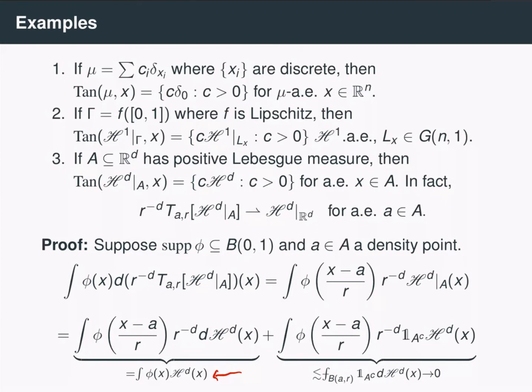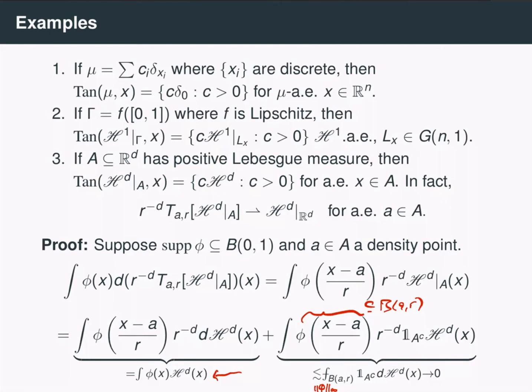And then over here, notice that because phi is supported inside the unit ball, this function will be supported inside the ball centered at a of radius r. So this is going to be at most, really I should have the L infinity norm of phi here, times the characteristic function of B(a,r) times the characteristic function of A complement times r^(-d). But r^(-d) is comparable to the Lebesgue measure of the ball B(a,r).